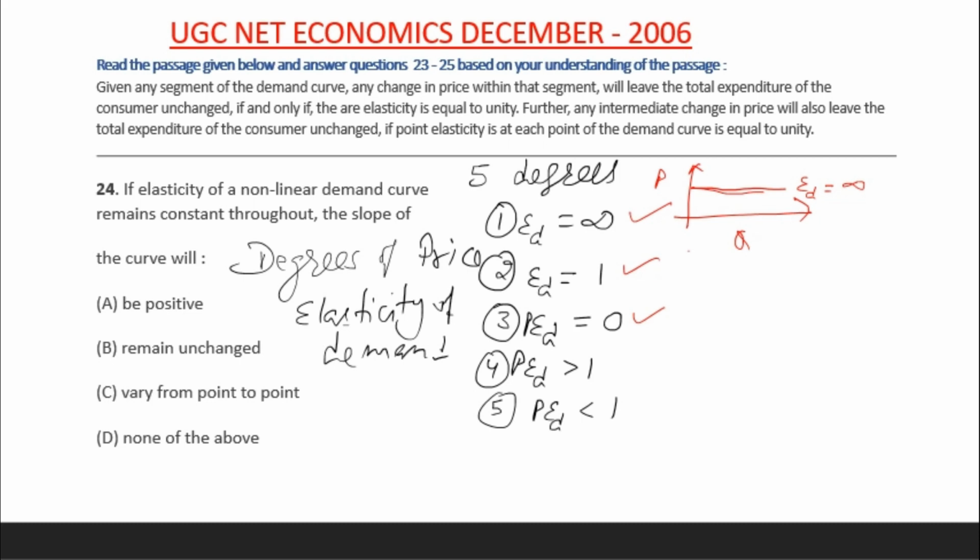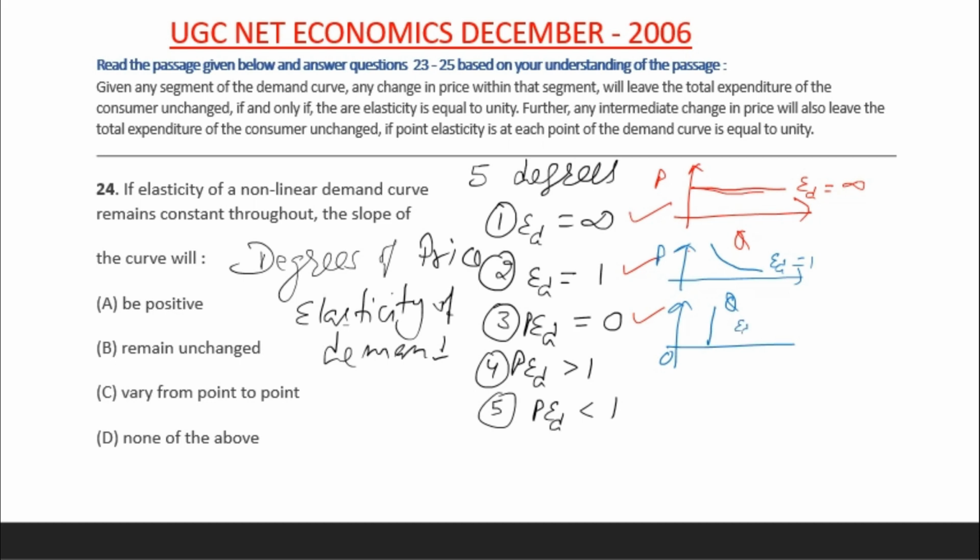ED is equal to 1. This is a rectangular hyperbola. I'll explain in another video what's the meaning of rectangular hyperbola. The third one is a straight line parallel to the vertical axis.